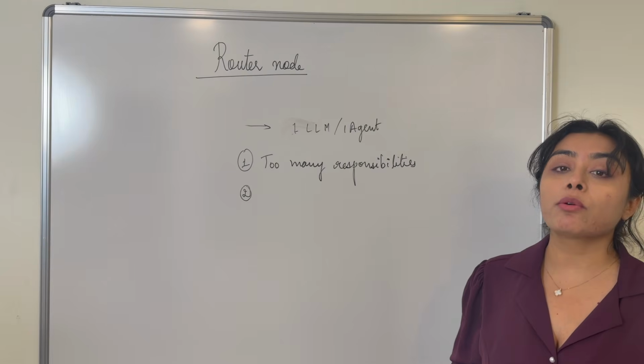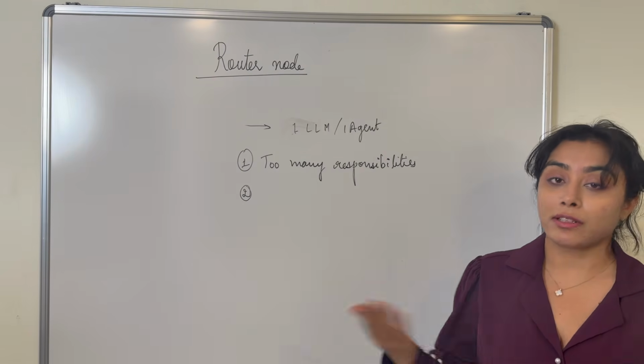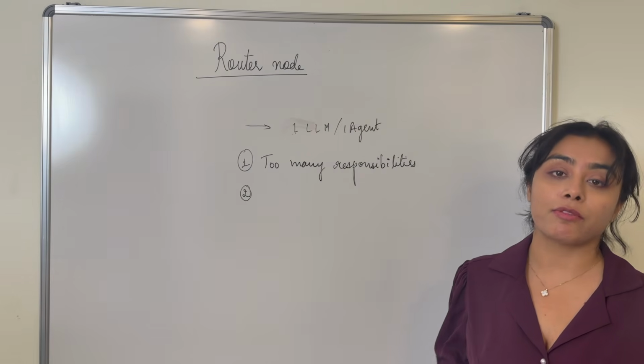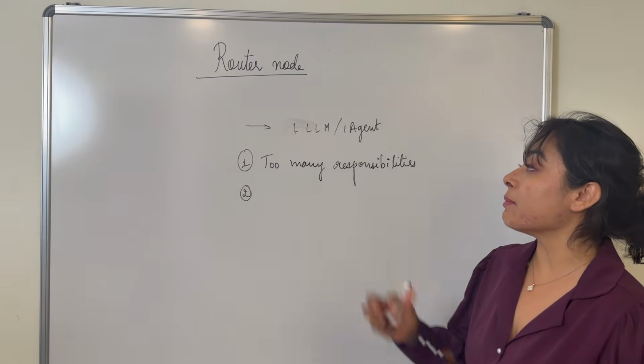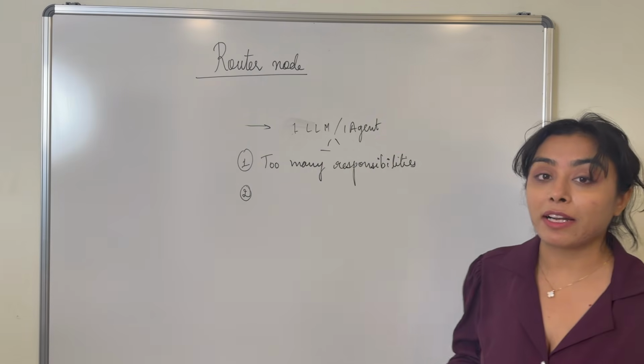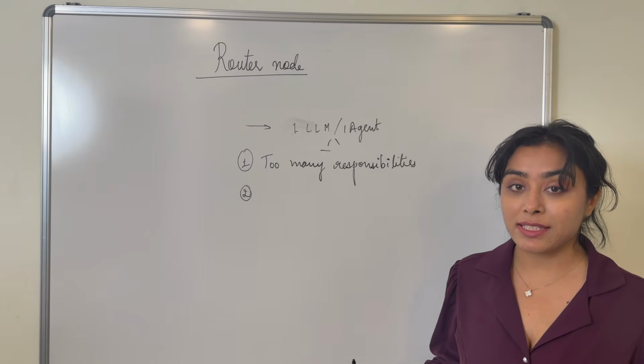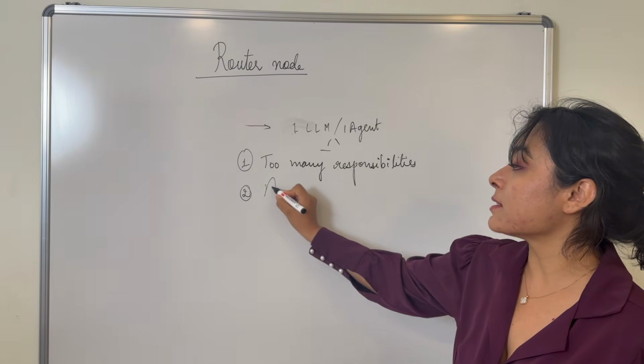What if we don't need to provide access to one agent for all the tools? What if we don't need to provide that access? In that case, we might consider that we divide all the tasks or responsibilities of the single agent into multiple agents. So the second thing is access control.